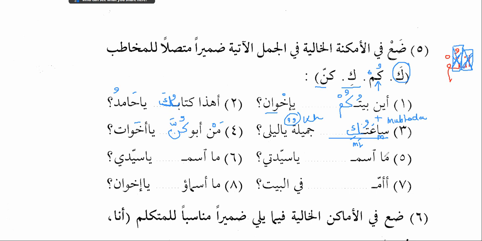Now ma ismu. I'm reading it like this, but while reading Arabic you should not read like this. You should say masmu. What will be the damir? Ya sayyidati. There is a ta, with the ya mutakallim damir. That means I'm talking to a single feminine person.